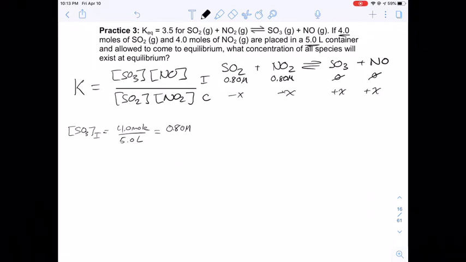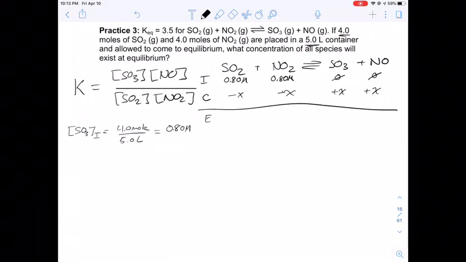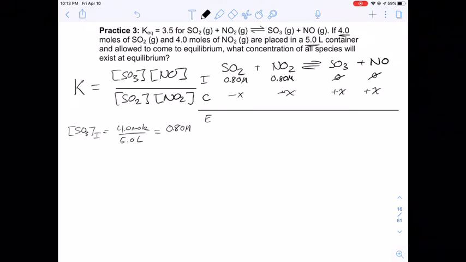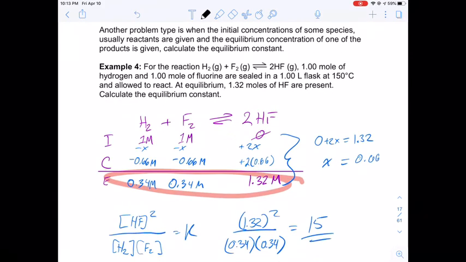We're moving matter from the left to the right. So that matter that's being moved is going to change in the ratios as predicted by the stoichiometry. And the result is going to be some new equilibrium concentrations that satisfy this equation.